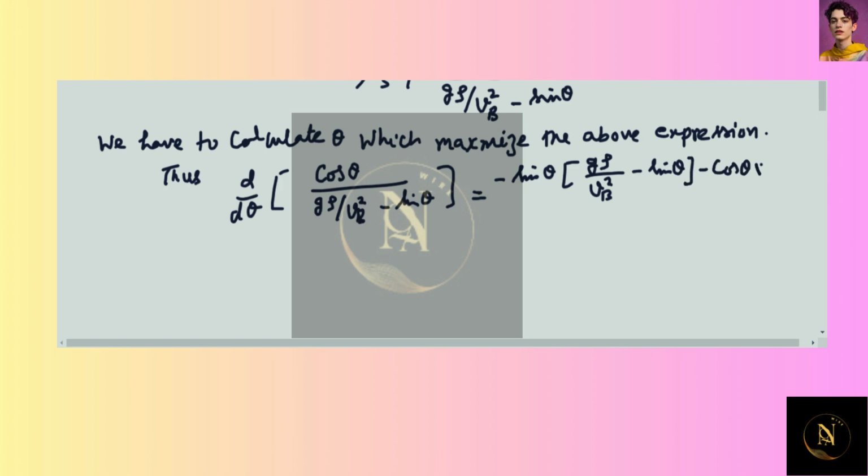minus cos theta into minus cos of theta divided by g into rho upon square of velocity minus sine of theta square to be equal to 0.